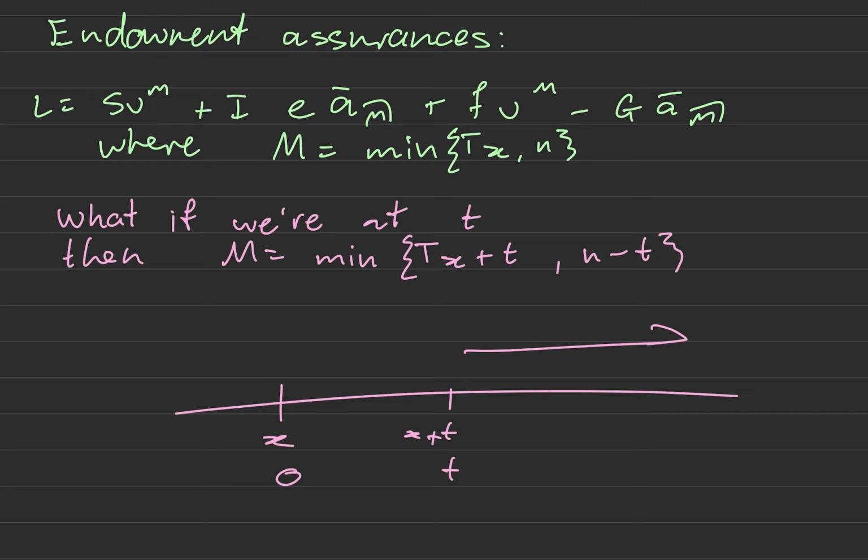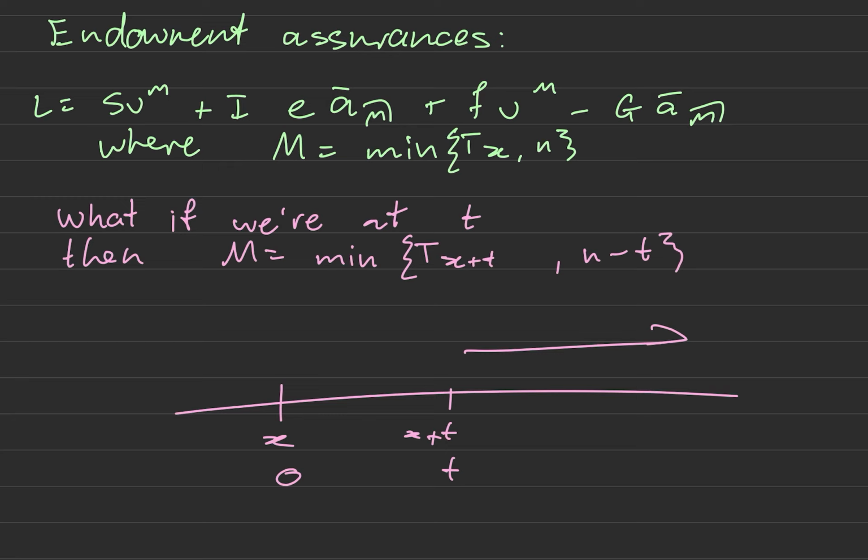But now I'm not going to be present valuing it by these extra t years. I'm going to be present valuing it to where they are aged x plus t at this current point in time, which is at time t. And so I must discount it by T x plus t, and this t should be in that subscript there.